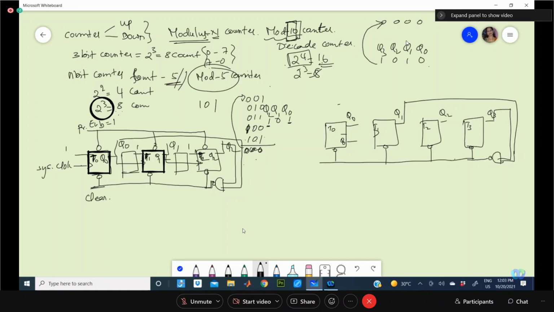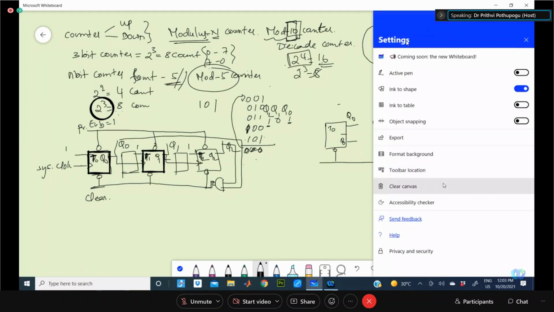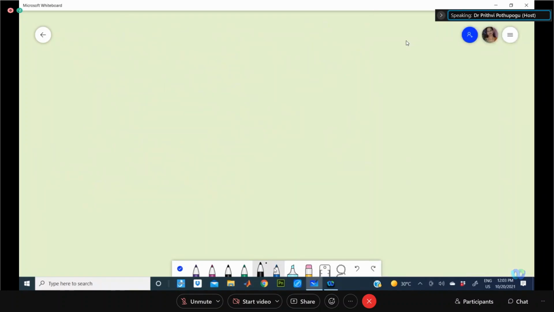So this is a normal combinational logic implementation. Now if we take the same thing back to sequential, what we need is a state table or state diagram.